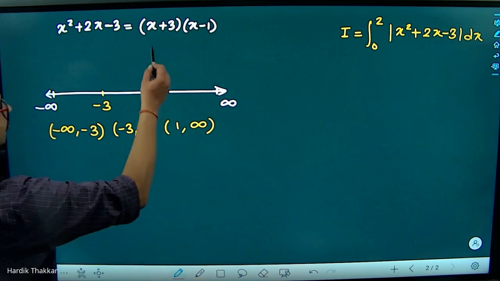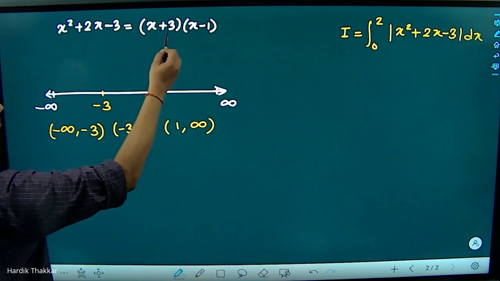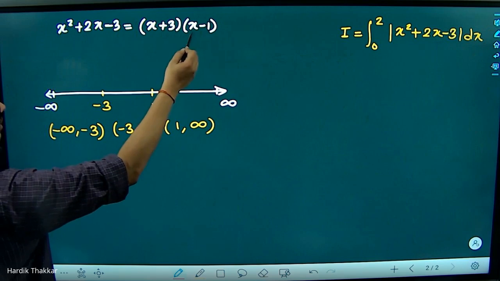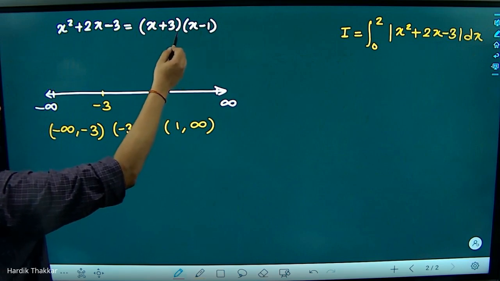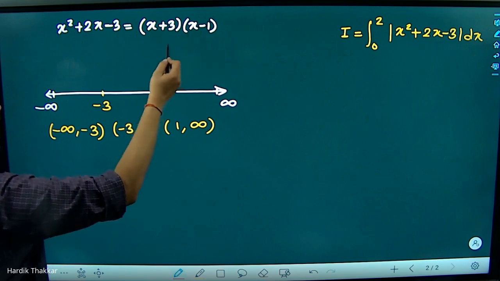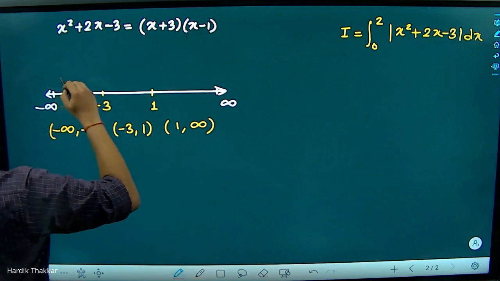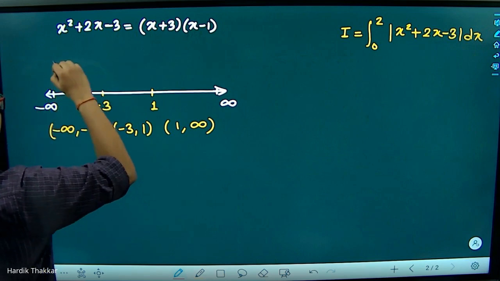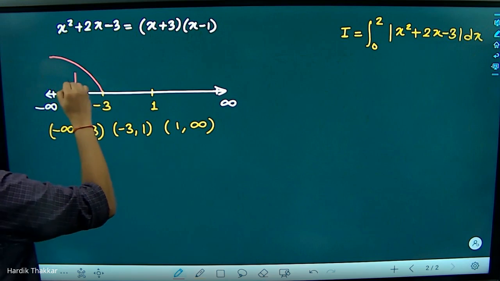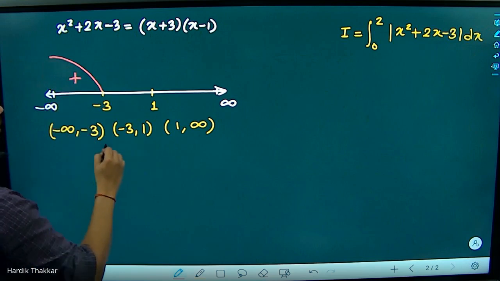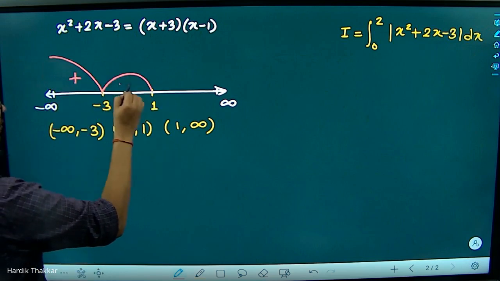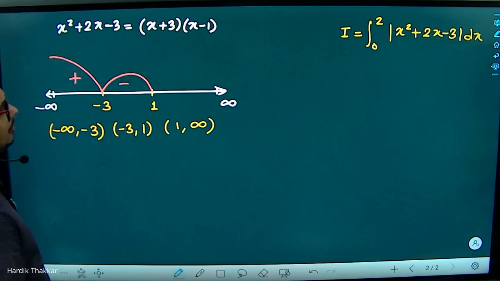Okay, so for any value in this interval, let us consider minus 10. We will get a negative number on both sides, so the product will be positive. So that's why it has taken positive. For the next interval, it will be negative. So that's why they have taken negative.